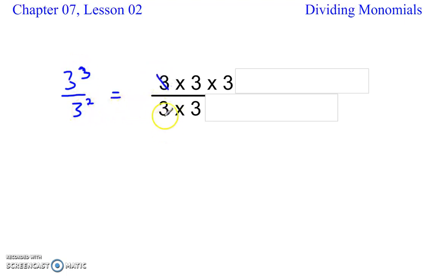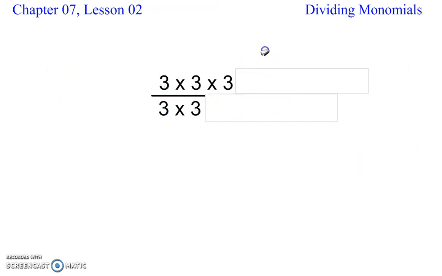I can cancel out this 3 and this 3, this one and this one. That leaves me with a 1 in the denominator and just a 3, 3 over 1. Notice here there are 3 factors of 3. Here we have 2 factors of 3. So what am I left with? I'm left with 1 factor of 3 on top after I've canceled them out.